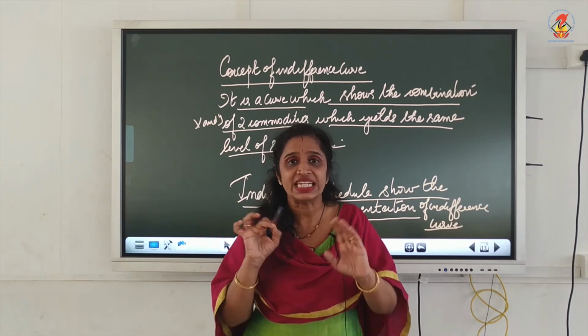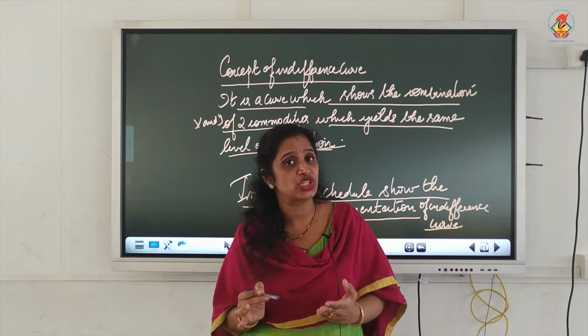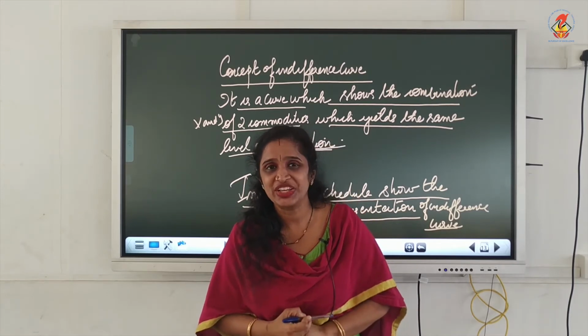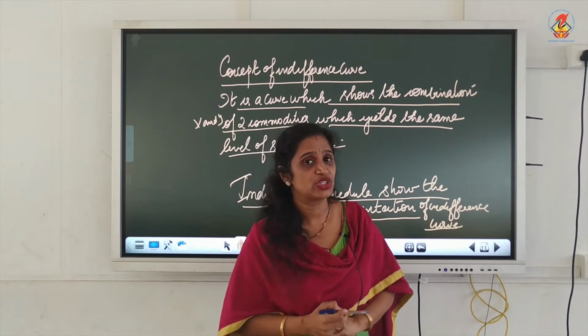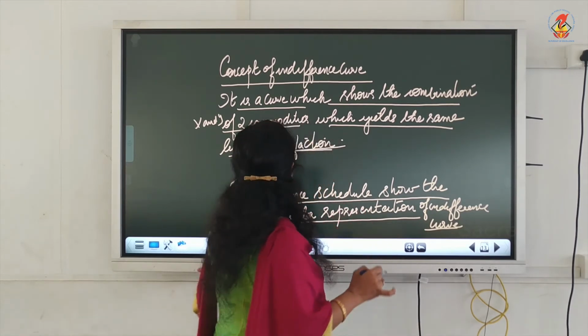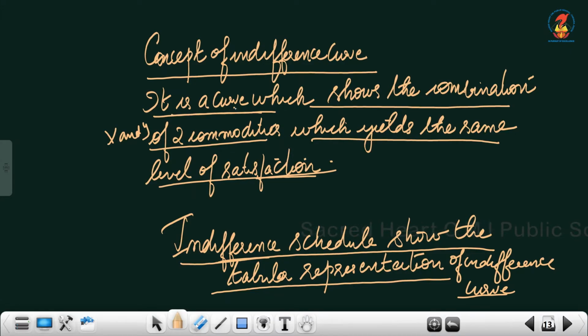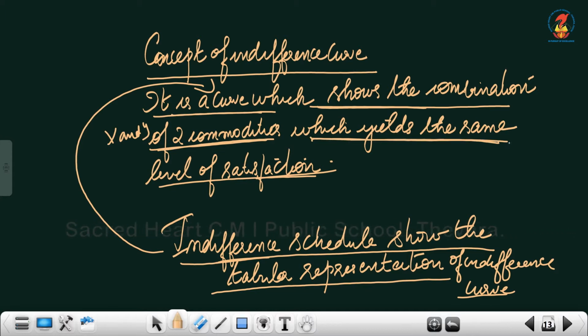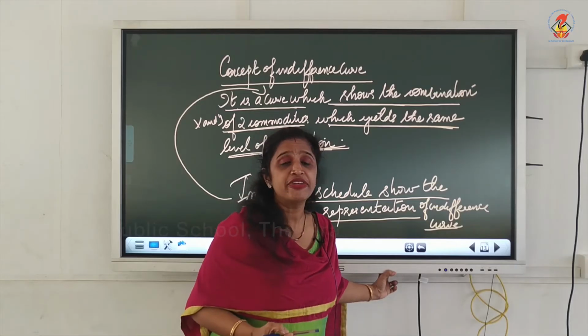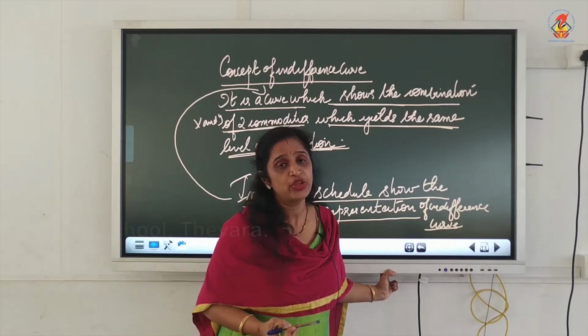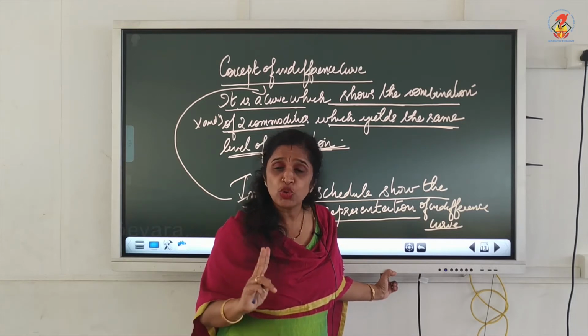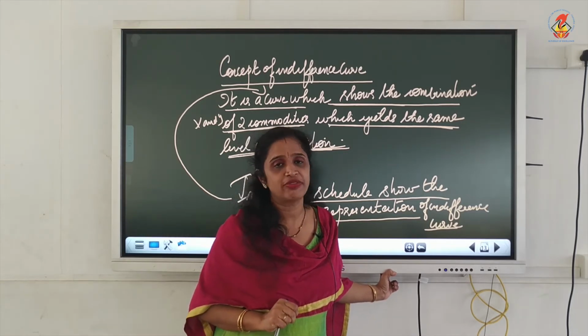Indifference schedule is a table which shows the combinations of two commodities which gives the same level of satisfaction. So, how will you define indifference schedule? Indifference schedule is a table. Instead of curve, you can just write it as table, which shows the combinations of two commodities X and Y which gives the same level of satisfaction.